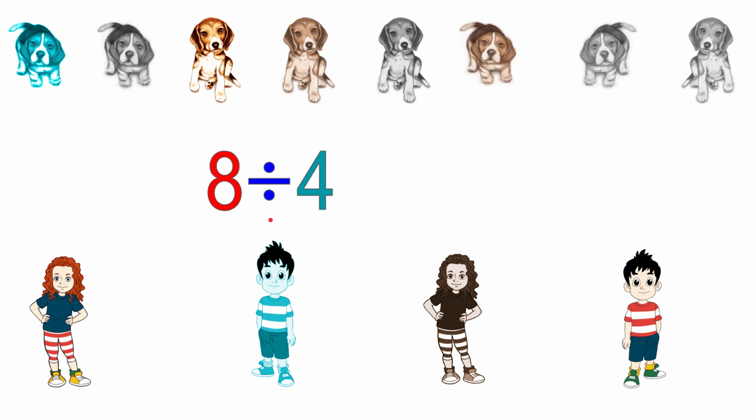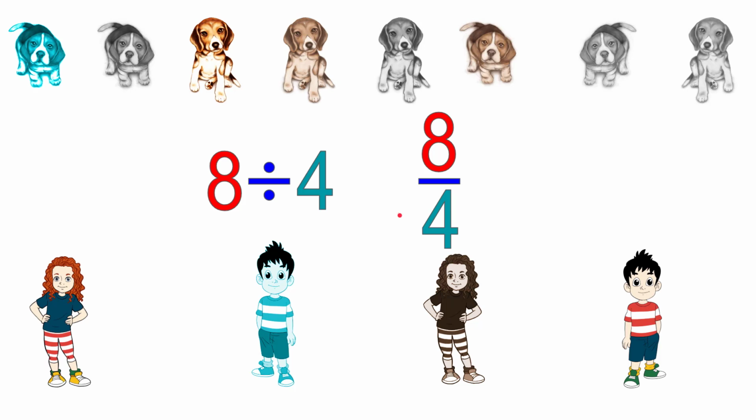And as you can see here, there's a division symbol, which is the most common way of writing division. But you can also write it as 8 over 4, just like in fractions. We have a few videos for this as well, but we're not going to talk about fractions in this video.